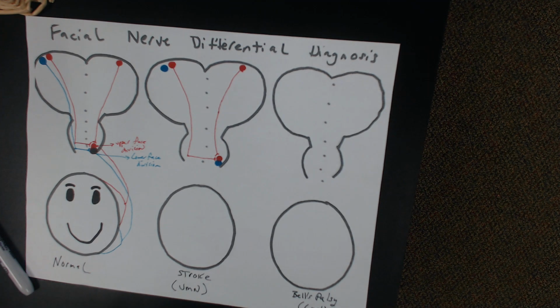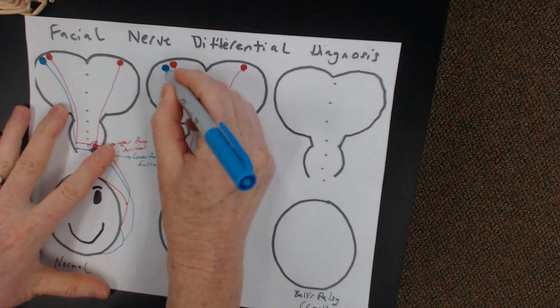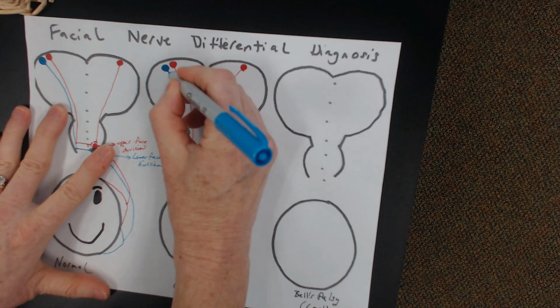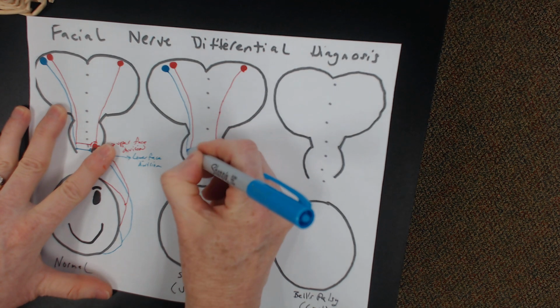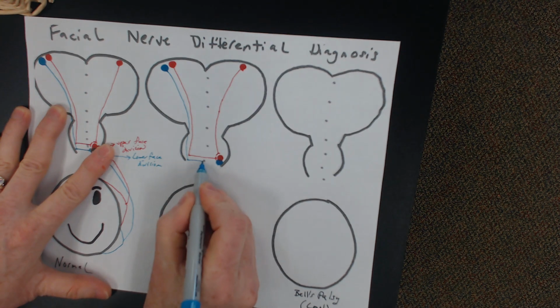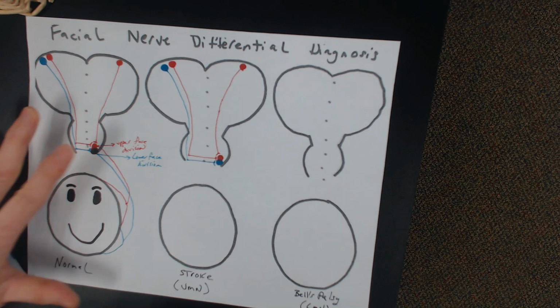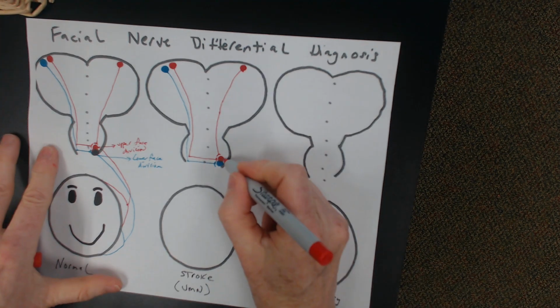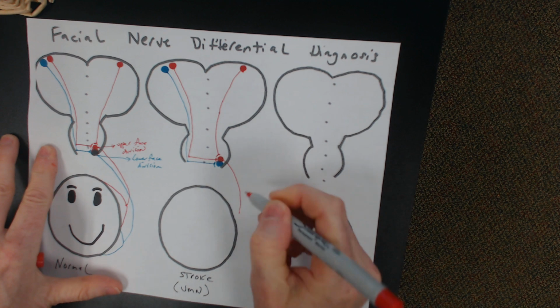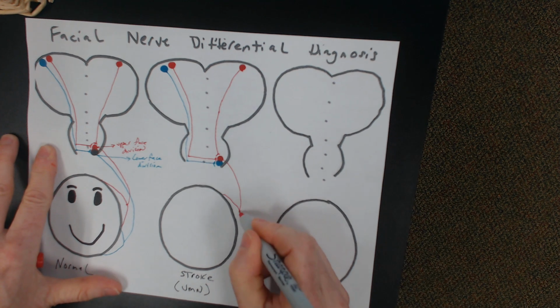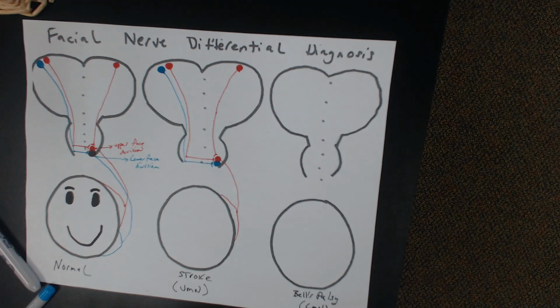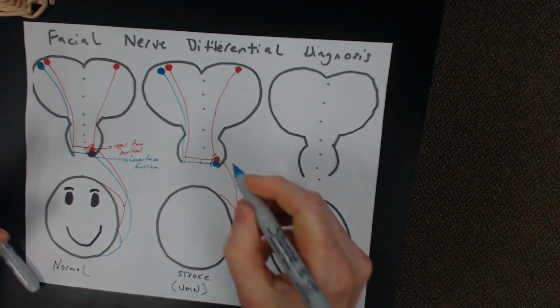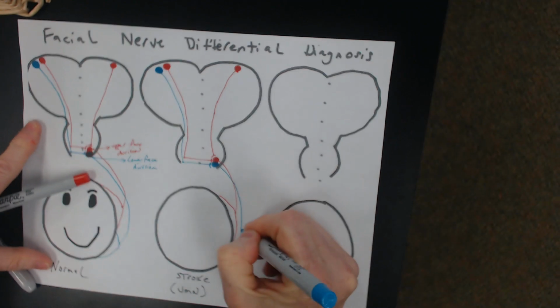For the lower face division, the contralateral upper motor neuron sends out axons, decussates when it gets to the level of the nucleus, and there's your innervation. Okay. As I said before, the upper face division is responsible for the eyes and the eyebrows, and the lower face division essentially is responsible for the smile.